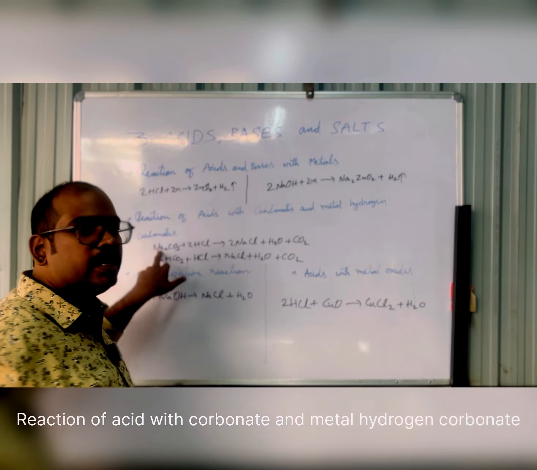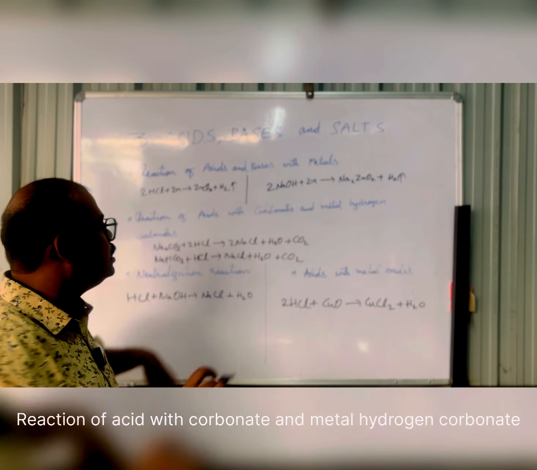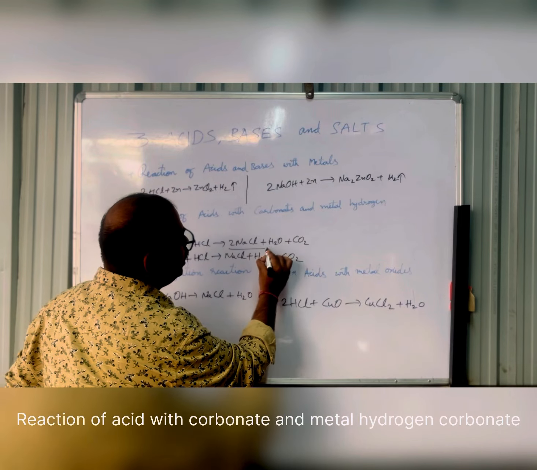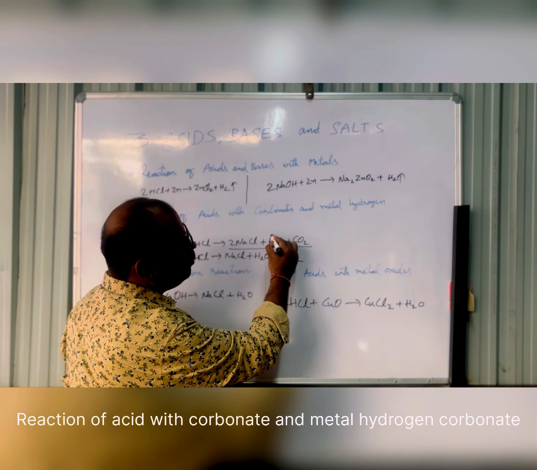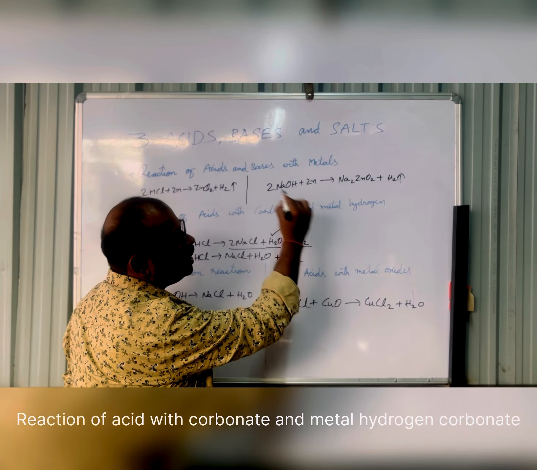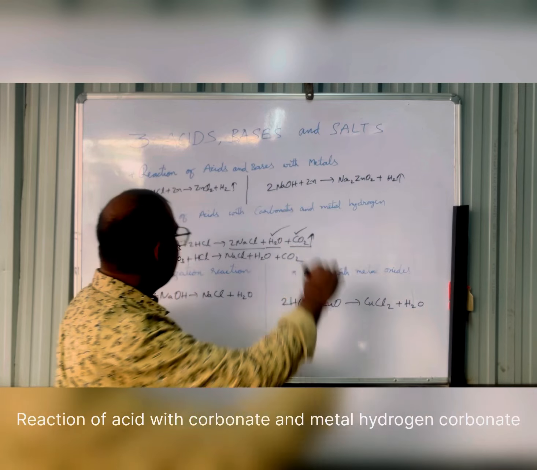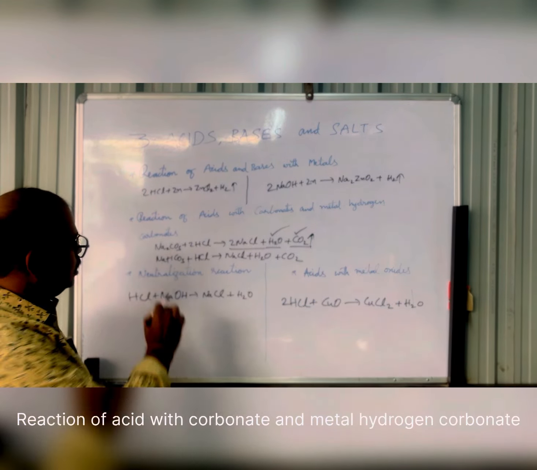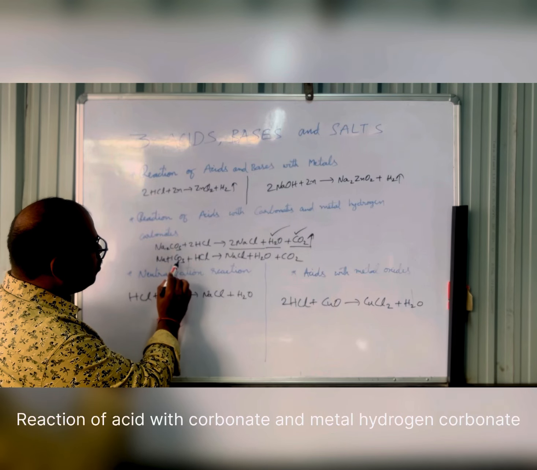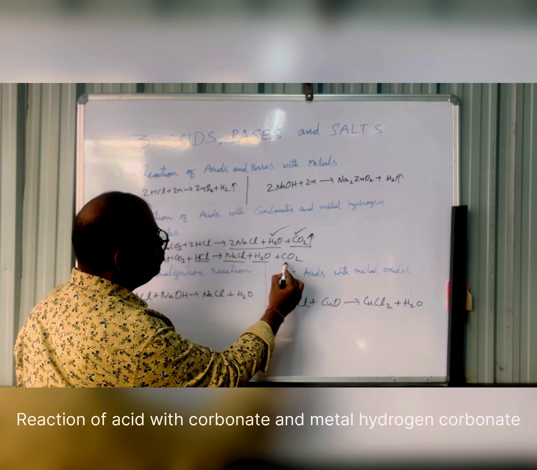Here sodium carbonate, Na2CO3, reacts with hydrochloric acid to give NaCl plus H2O plus CO2. So there are two other byproducts: one is water and the second one is carbon dioxide gas, which is liberated here. Similarly, metal hydrogen carbonate, sodium hydrogen carbonate, reacts with HCl to give NaCl plus H2O plus CO2.